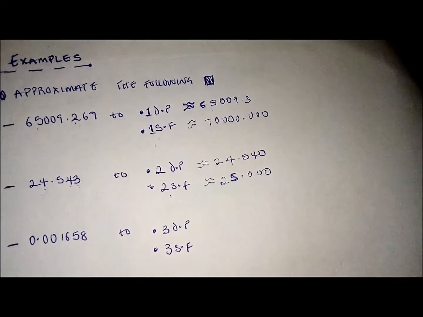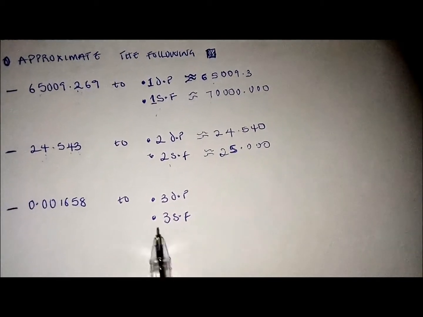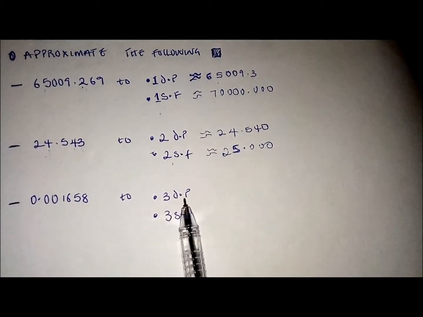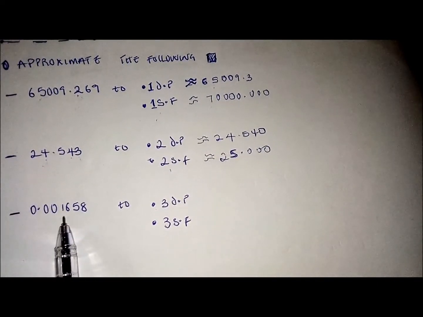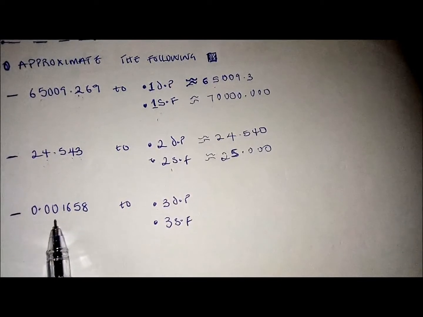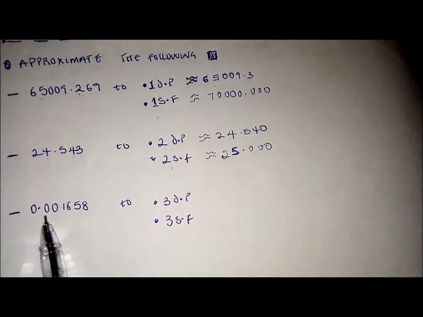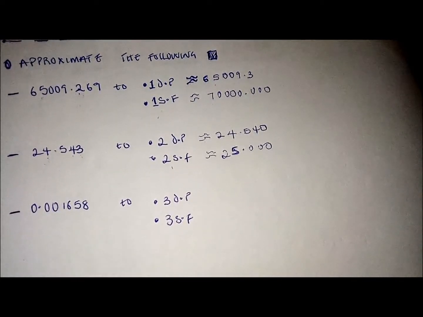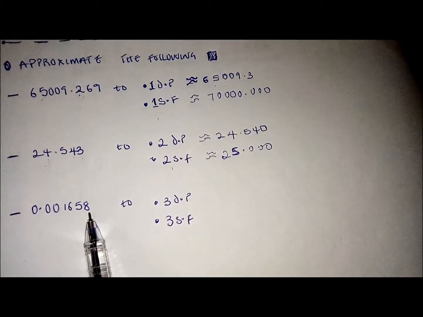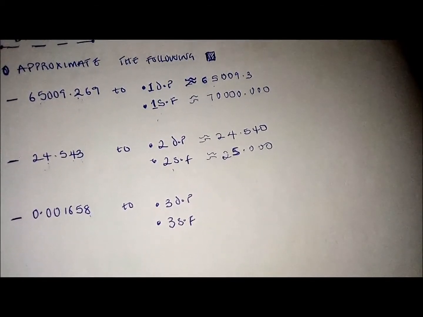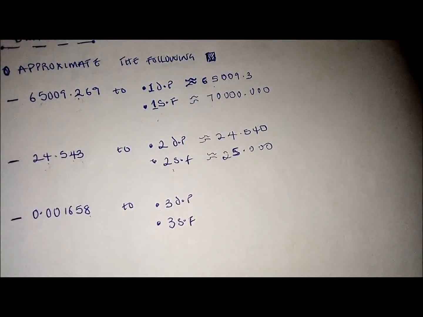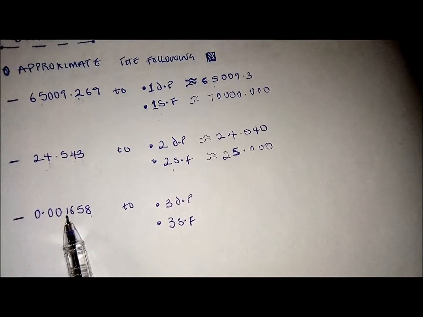Okay, now the next one is in 3 decimal places. So if you notice, we have about how many decimal places here? From 1, 2, 3, 4, 5, 6. So we have about 8 occupying the 6th decimal place here. So we want to round to the 3rd decimal place, meaning that this is occupying the 3rd decimal place.